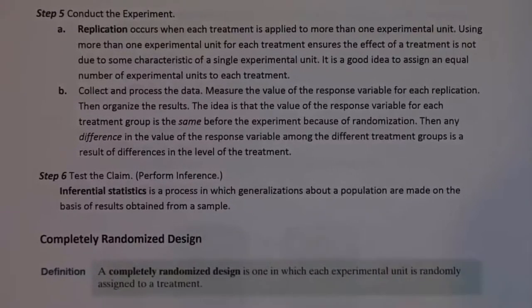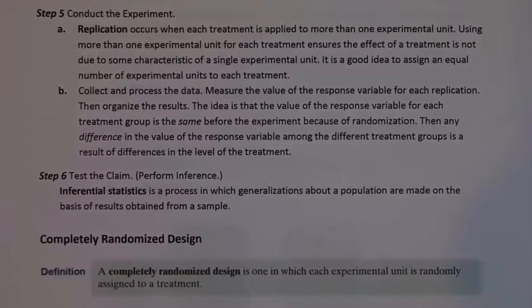So measure the value of the response variable for each replication, for each individual, then organize the results. The idea is that the value of the response variable for each treatment group is the same before the experiment because of randomization. Then any difference in the value of the response variable among the different treatment groups is a result of the difference in the level of the treatment.